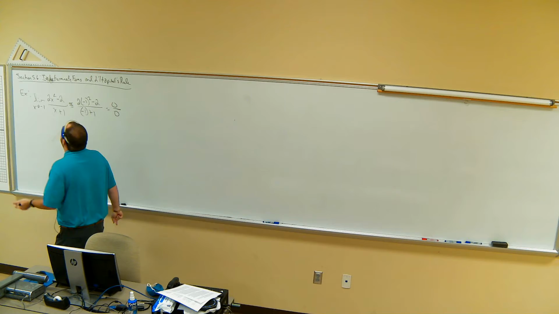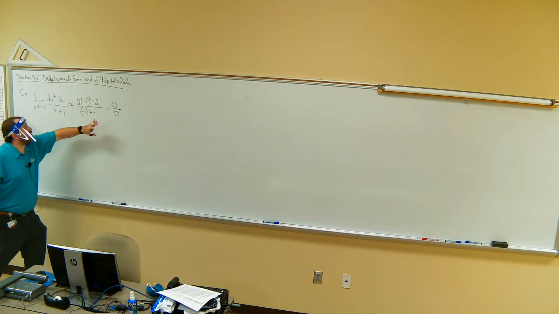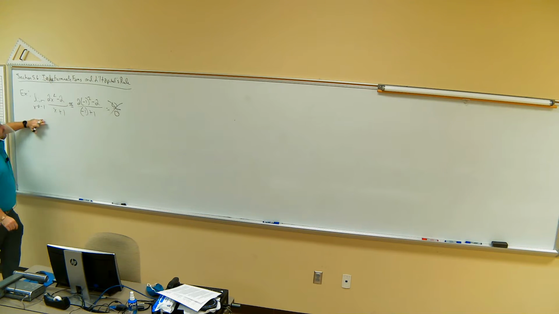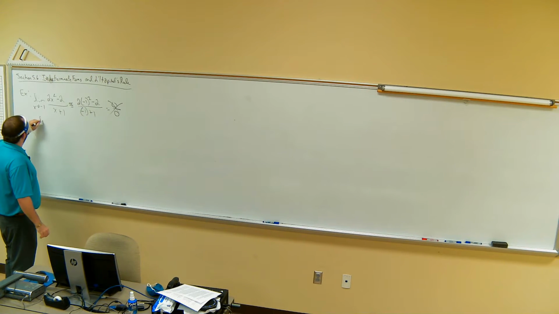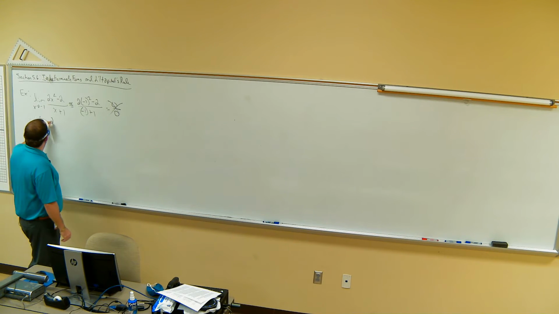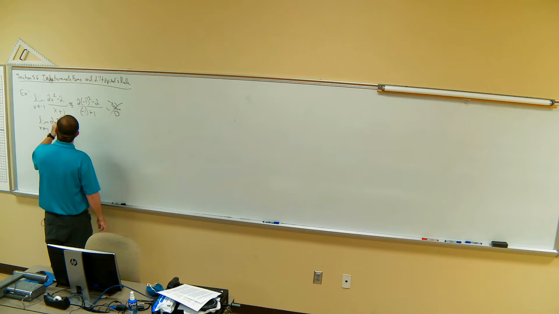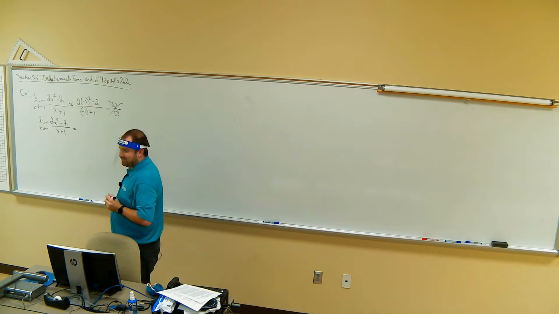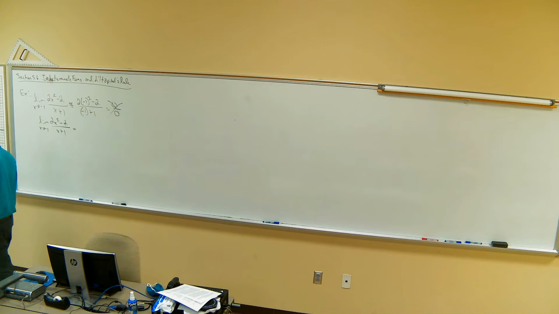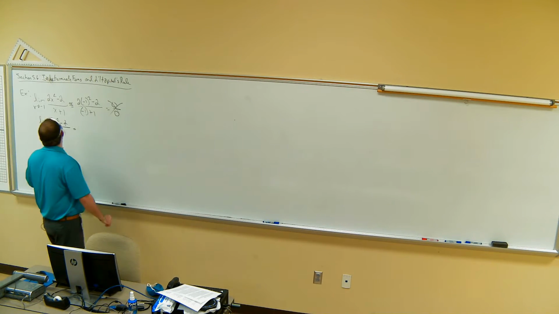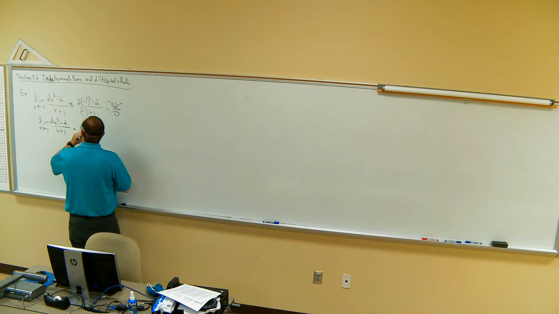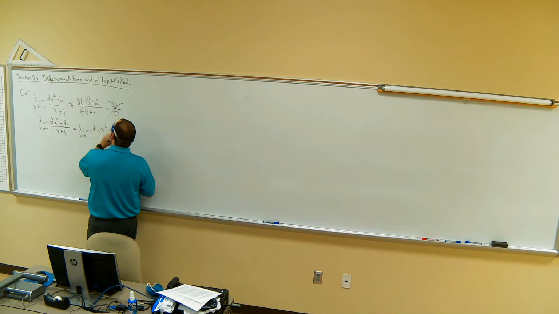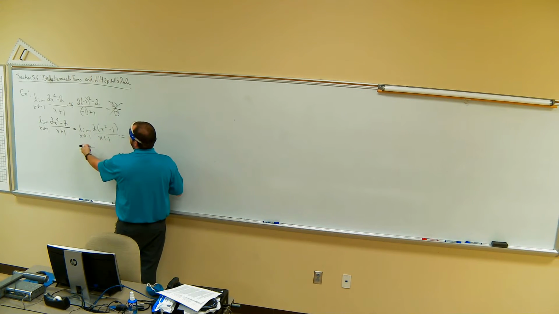And so then in Calc 1, what would we have done to find that limit? So you see 0 over 0. Well, we know that's not a valid value for the limit, but it tells us the limit may exist. So what would you have done to find this limit then? Factor, right? So pull 2 out of the numerator, and that's then x squared minus 1, and you know how to factor x squared minus 1.